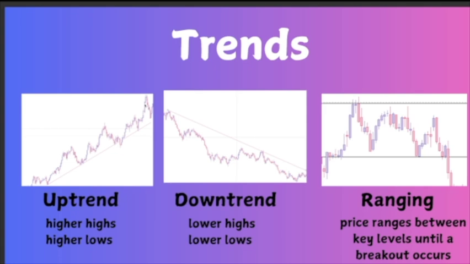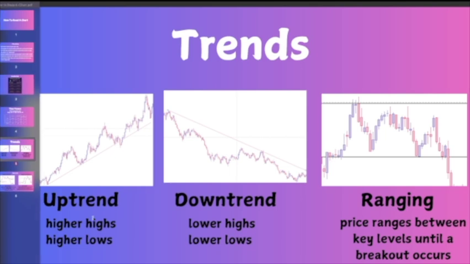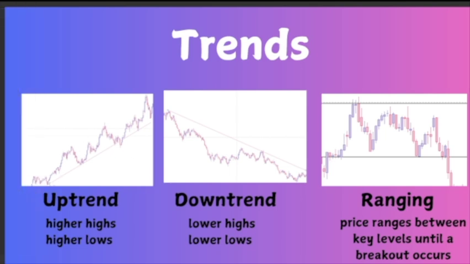Each swing point it creates lets us know that the market is trending up. So we like to say that an uptrending market creates higher highs. You see higher swing points right here, and then it also creates higher lows. So here's a higher low, higher low, higher low, higher low, higher low, and so forth.